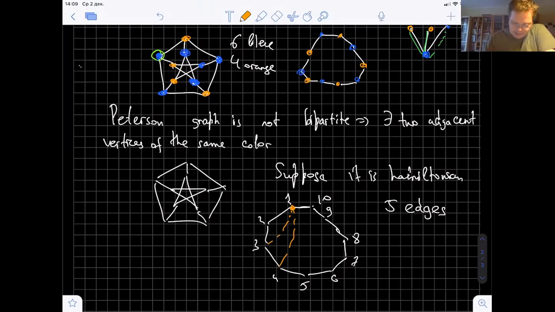So we cannot connect 1 with 3 and 4, because otherwise we will have a cycle of length 3 or 4. And of course we cannot connect it through the 8 or the 9, because we cannot have cycles of length 3 and 4 either. So it should be connected with one of the other vertices.